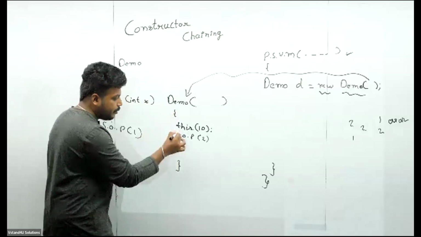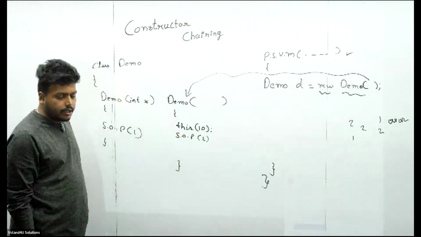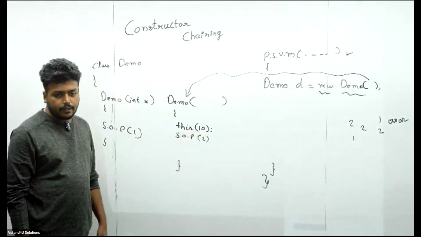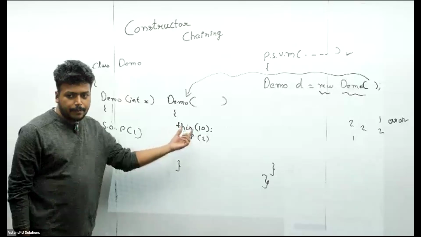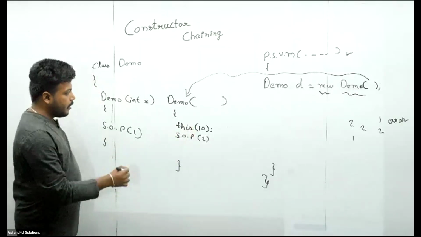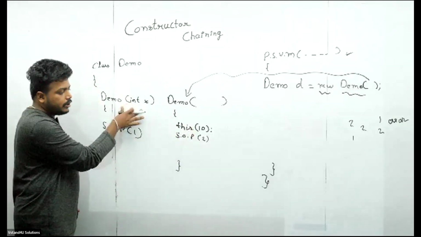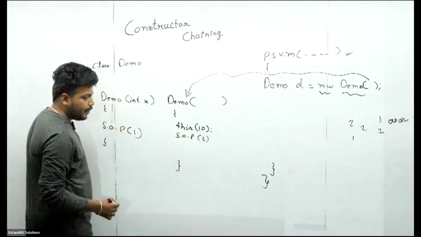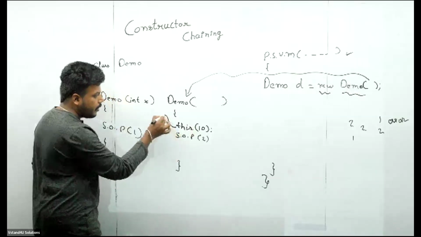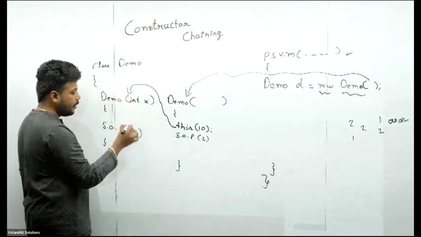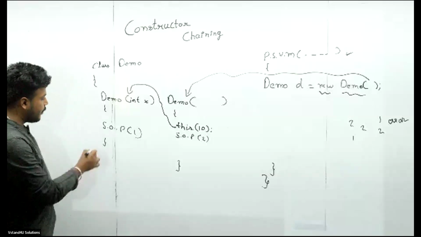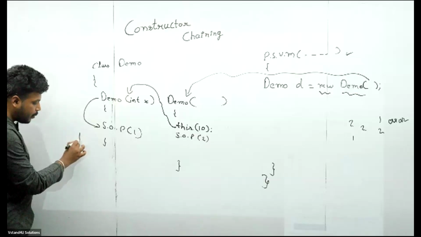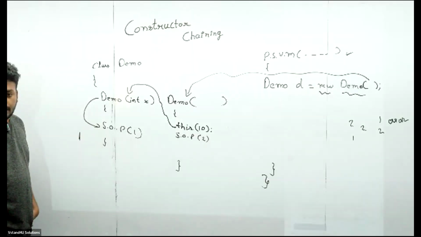Here I'm making use of the this statement, and in this statement I'm passing some parameter. Here also, in this constructor, I'm passing some parameter. Since I'm passing a parameter, the control goes here, then the control comes back here. In the output, I will get 1.